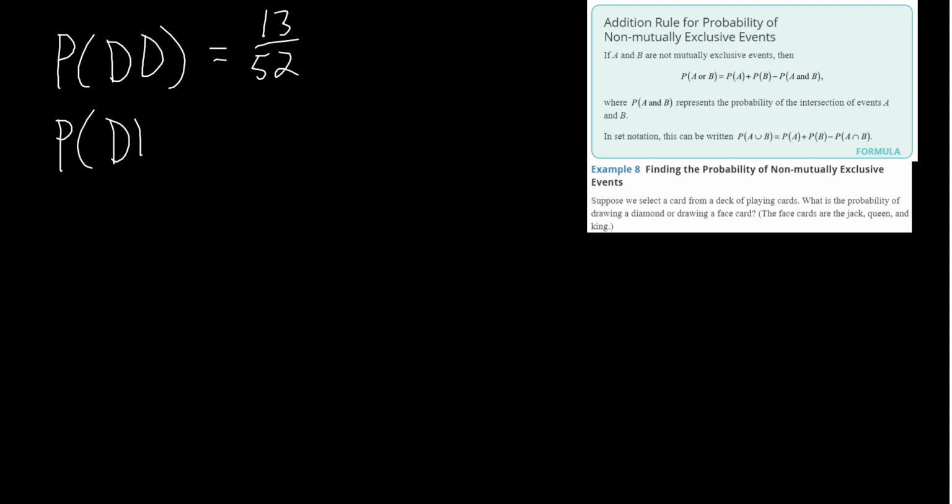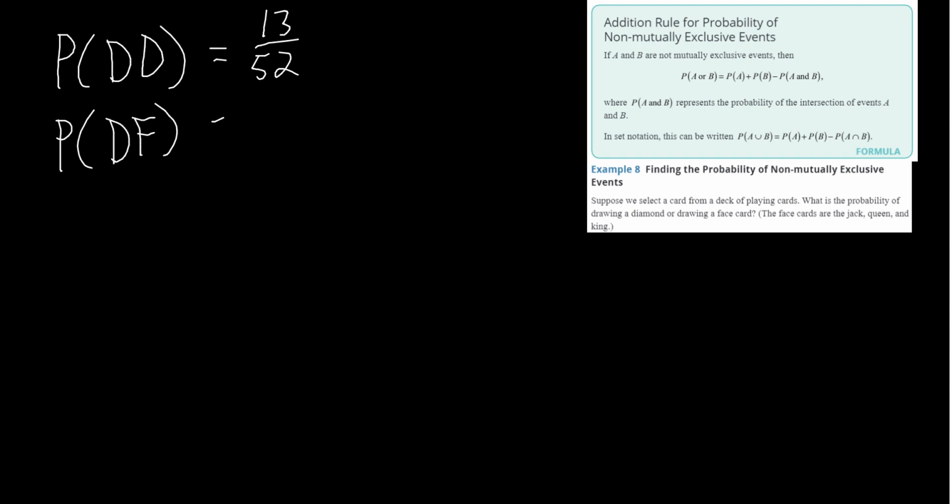So the probability of drawing a diamond is going to be 13 out of 52.